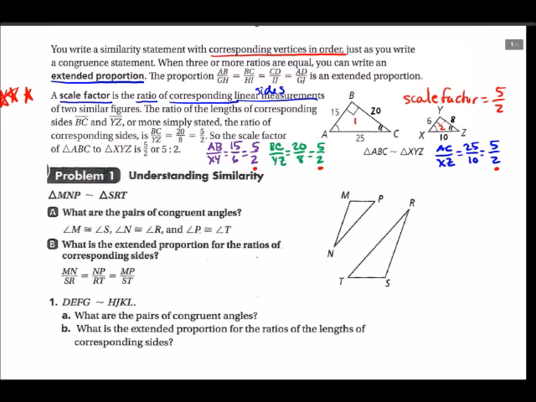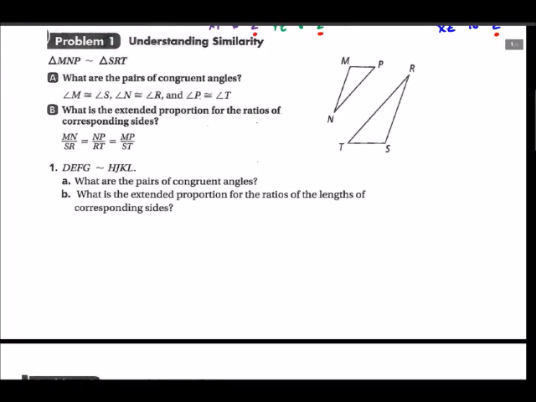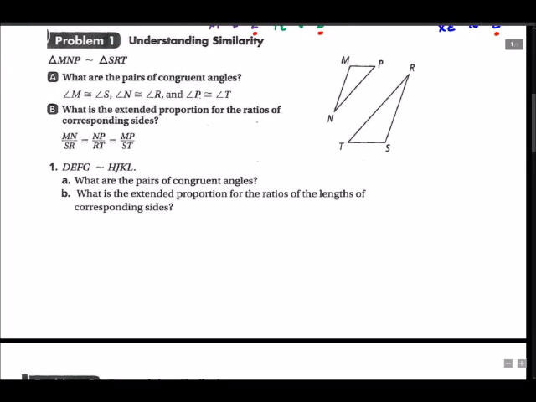Well, let's look at how this works. Our first problem here. We are told that triangle MNP is similar to triangle SRT. We are asked, what are the pairs of congruent angles? Well, they're just in corresponding parts. M and S, N and R, P and T. And then what is the extended proportion for the ratios of the corresponding sides?